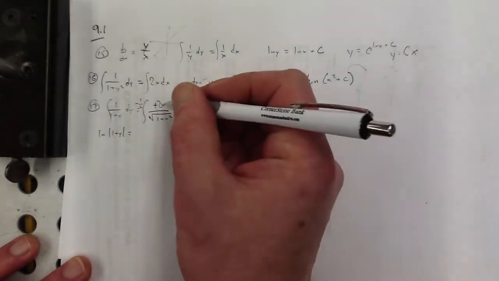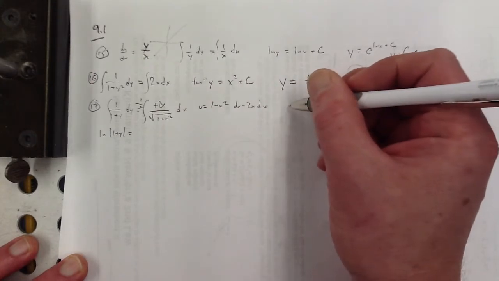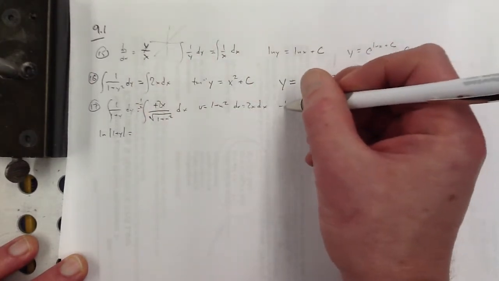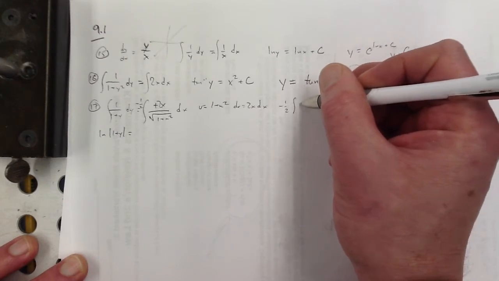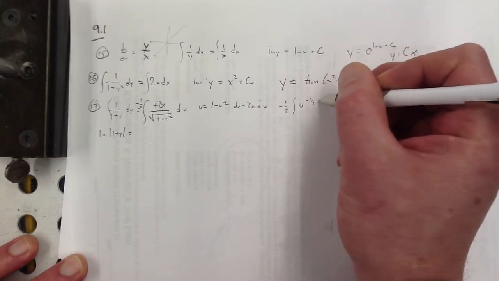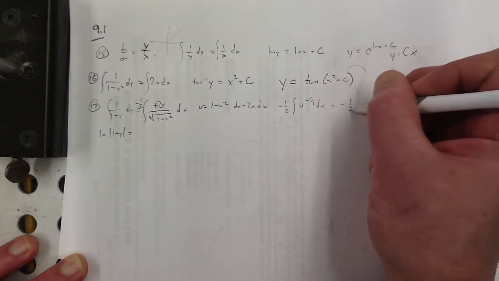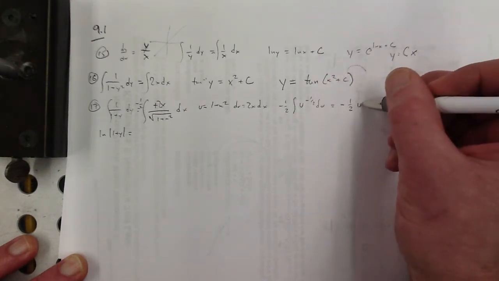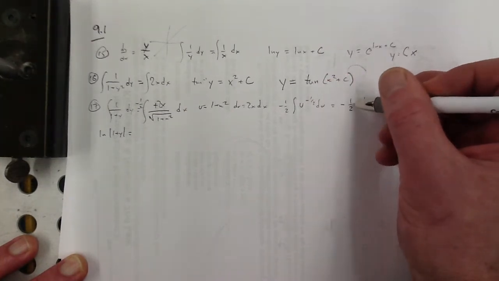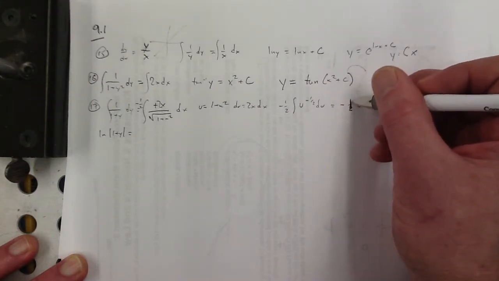So where does that leave me? The rewrite of this part now is negative 1/2 the square root of u to the negative 1/2 du, which is negative 1/2, bump that up to 1/2, and divide by the new exponent, which is 1/2, so that would just turn this into a 1.